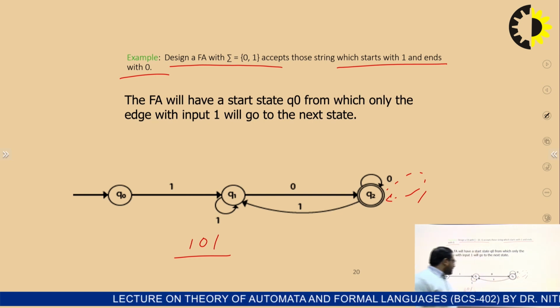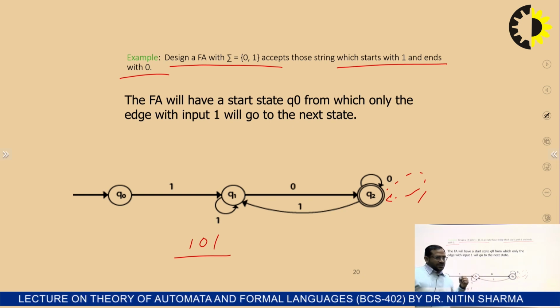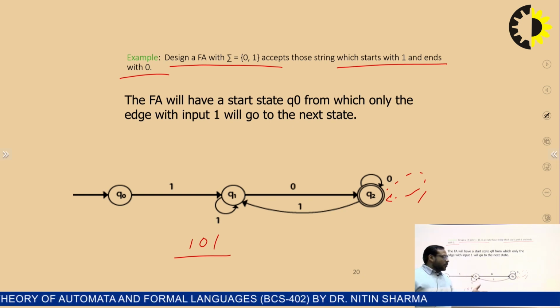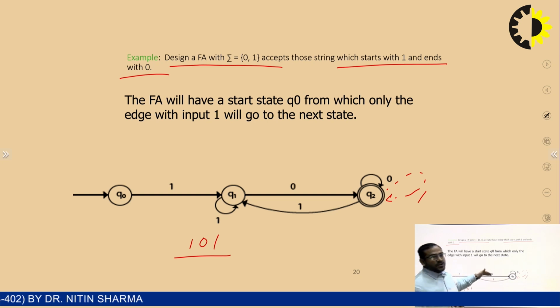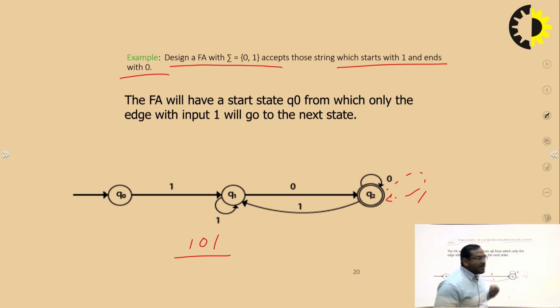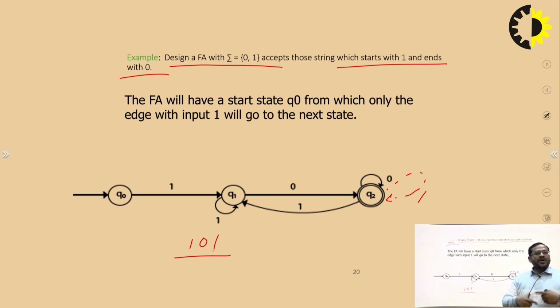That is wrong. It should accept only those strings which start with 1 and end with 0. Every string which ends with 0 should be accepted at the final state. So the solution is this: whenever a string ends with 1, it comes back to the intermediate state. Whenever a string ends with 0, it goes to the final state, otherwise it stays in the middle state.